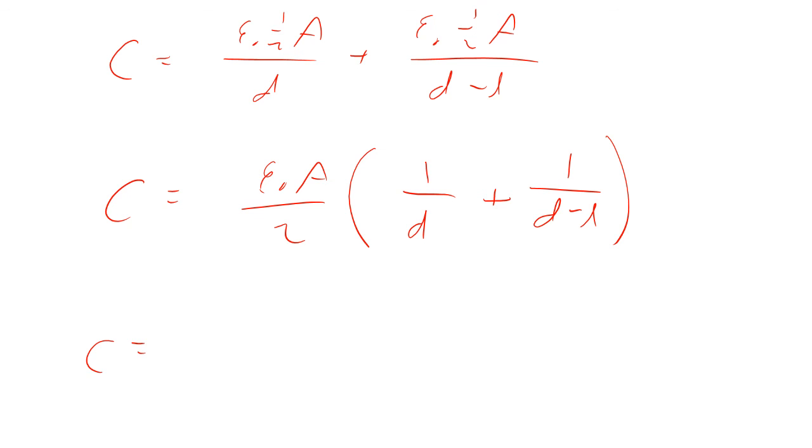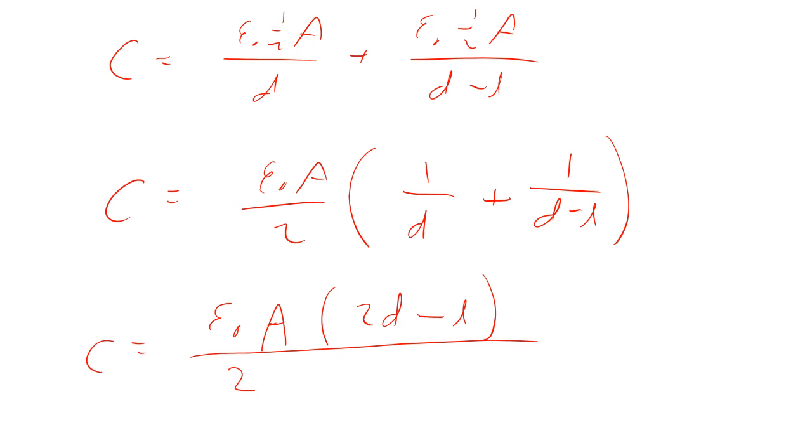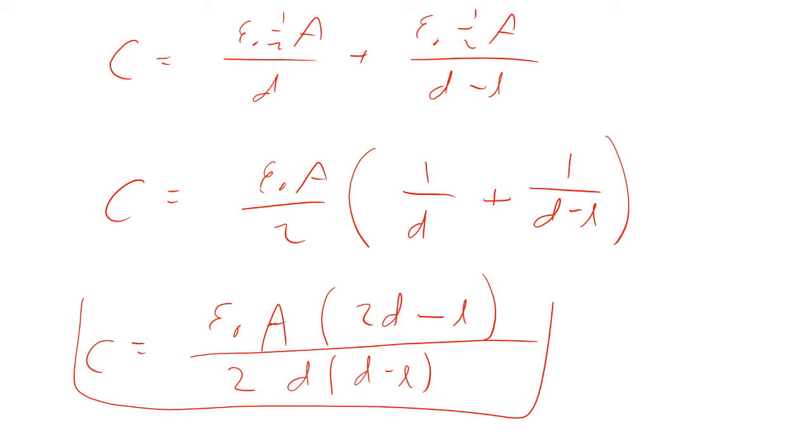So if you wanted to do that, that would be epsilon naught A times 2D minus L, divided by 2D times D minus L. So that's what that would look like if you put it all together in one fraction and made it look neat. Okay, so that's how you do it. These problems are not that tough with parallel plate capacitors compared to some of the other things that we've been doing.